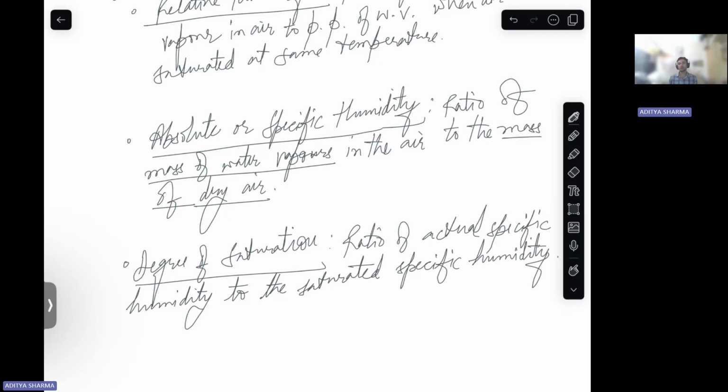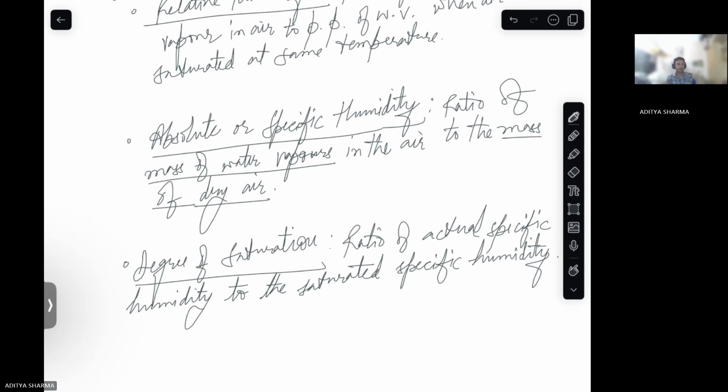So this means that if we have some air, let's say at some temperature it is not saturated, it will have some specific humidity, that is mass of vapor to mass of dry air. Then if this air becomes saturated at the same temperature, it will again have some specific humidity, that is the water vapor content in it.